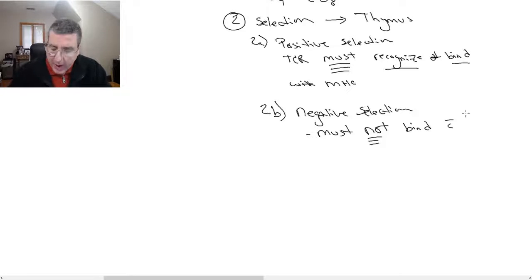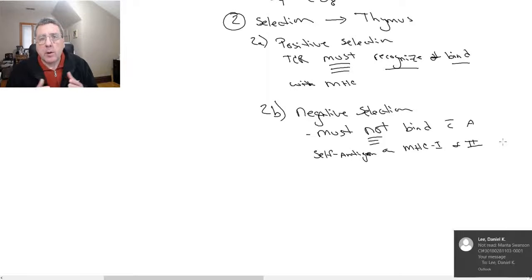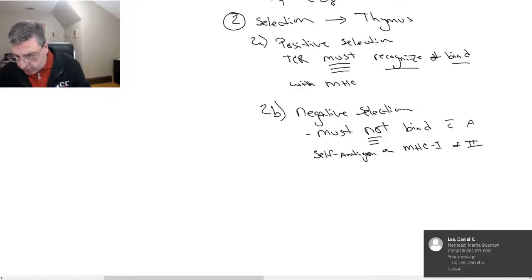Must not bind with a self-antigen on MHC platform, both type 1 and type 2. Okay, so here you have to, let me close this one out. I don't need that.